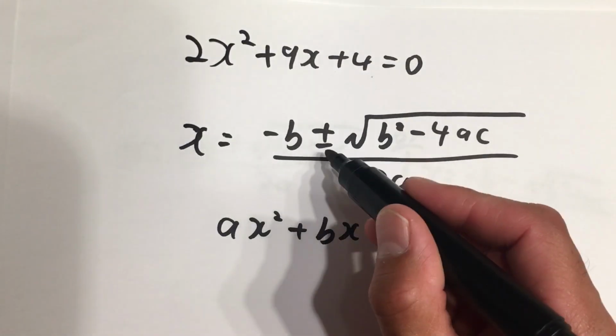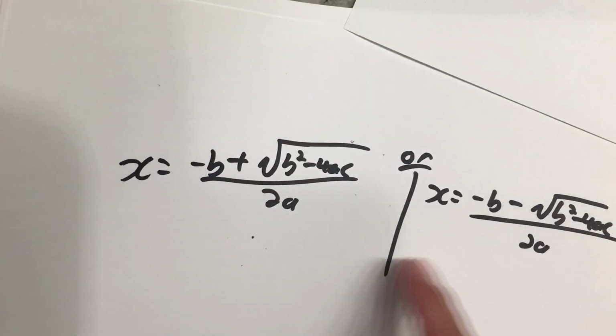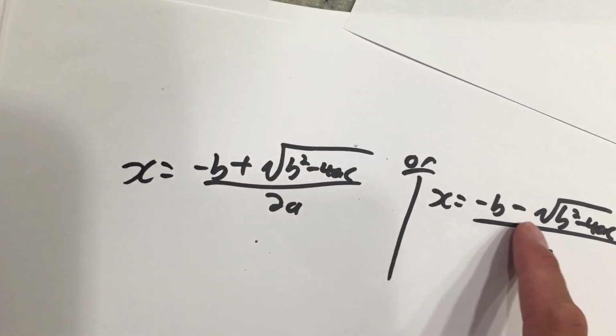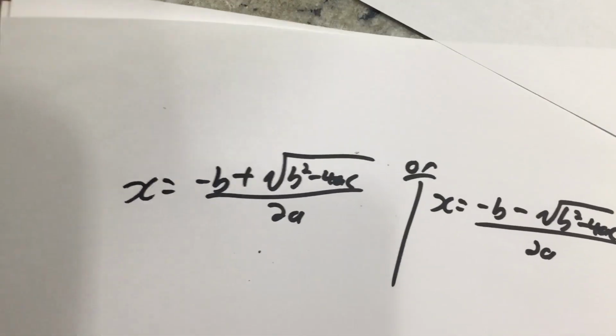So when you see this plus with a minus underneath, it's a shortcut way of writing out two formulas, one where it's added and the other where it's subtracted. Otherwise, everything is exactly the same.